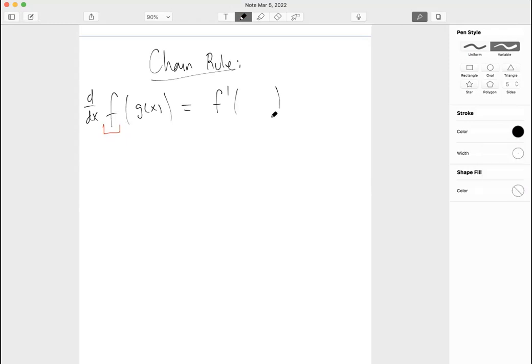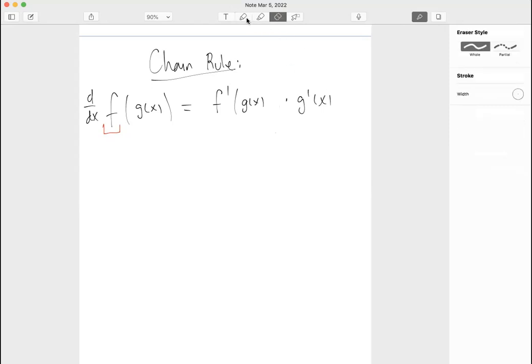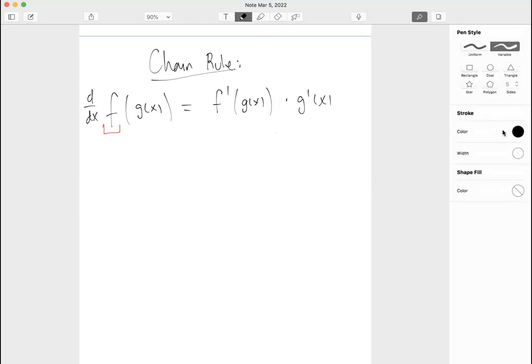Whatever the derivative of that is, you plug in g, and then you multiply this whole thing by the derivative of g itself. So it's important to understand how composition works. Maybe I'll do an example, like sine of x squared.